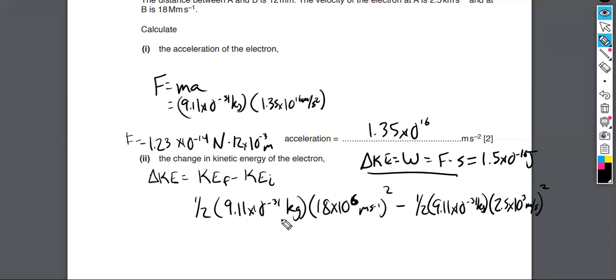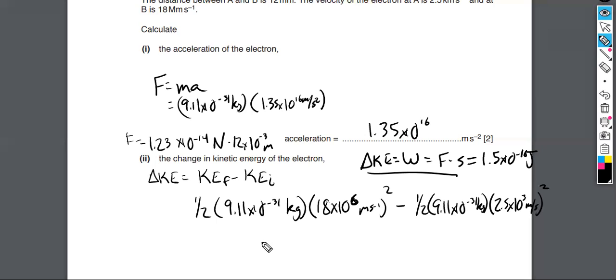Okay, I'll solve this one now. 18 times 10 to the 6, squared, times 9.11 by 10 to the negative 31, times a half.